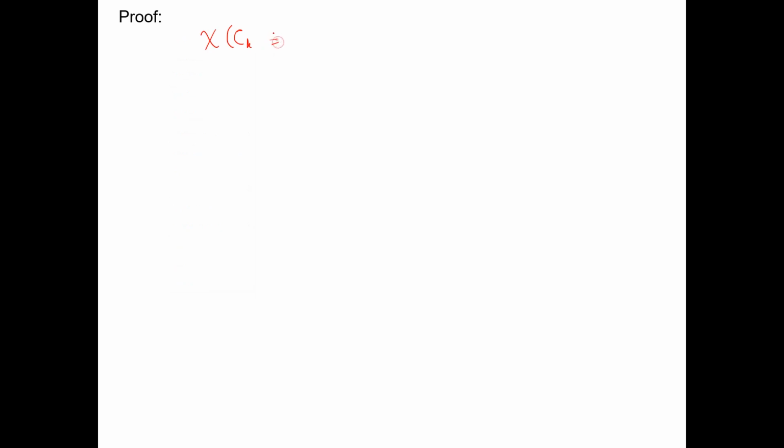This is the character for the reducible representation of a given class ck, and I want to show that this can be written as a unique linear combination, with coefficients ai, of the characters of irreducible representations gamma i of ck.